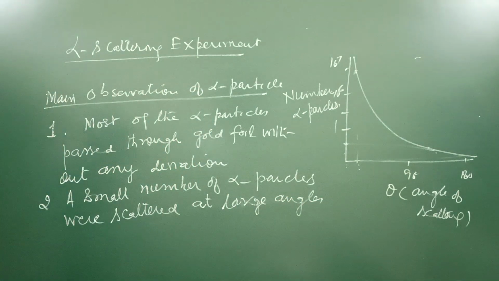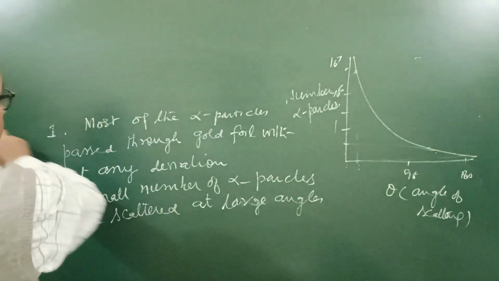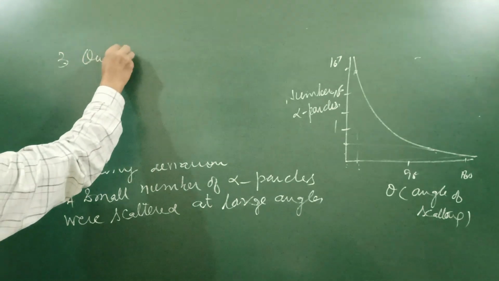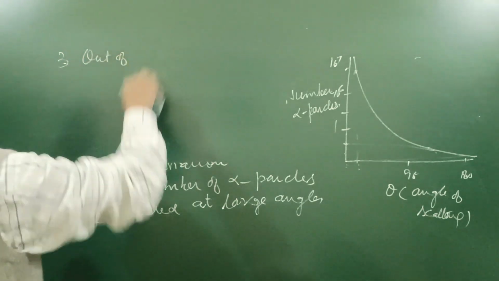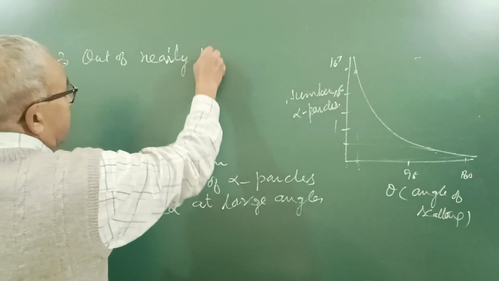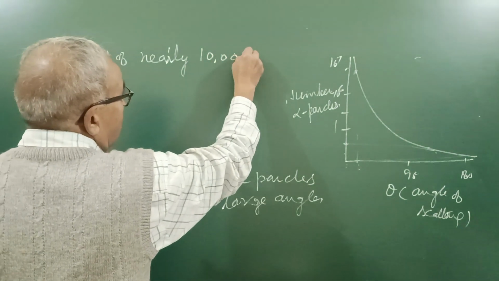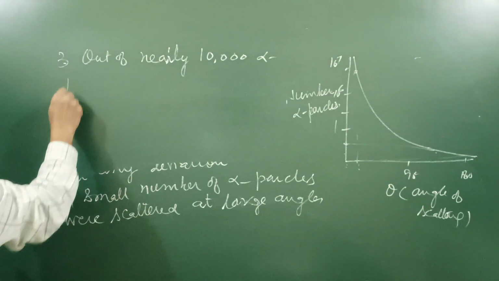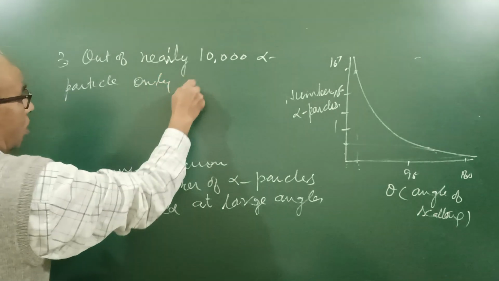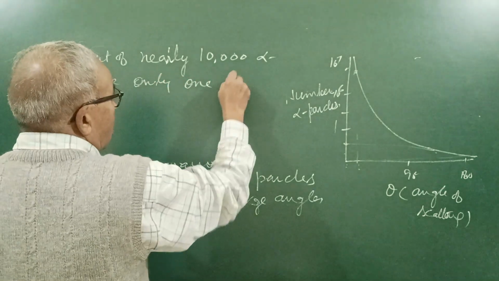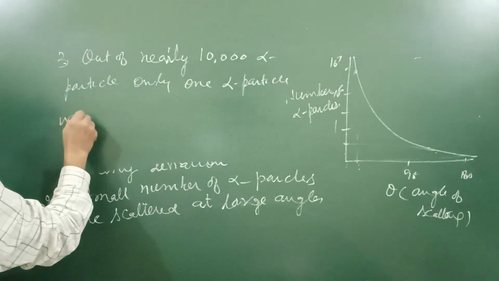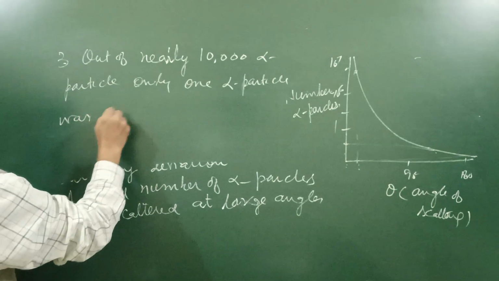And number 3: out of nearly 10,000 alpha particles, only one alpha particle was scattered back.